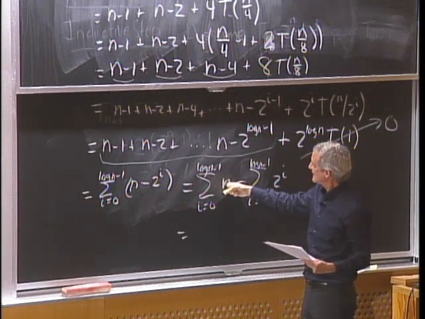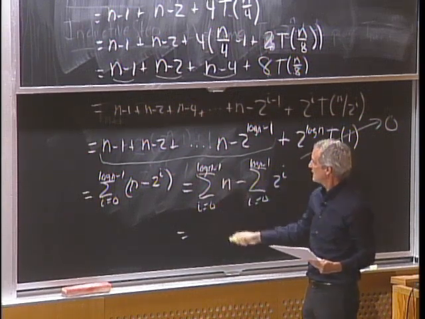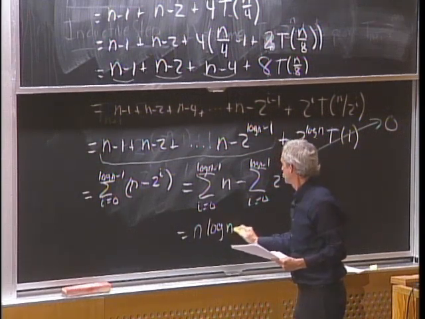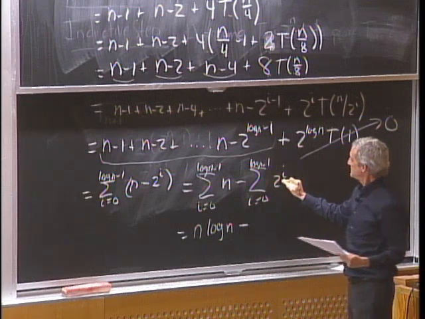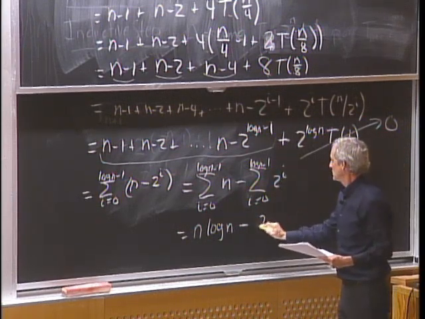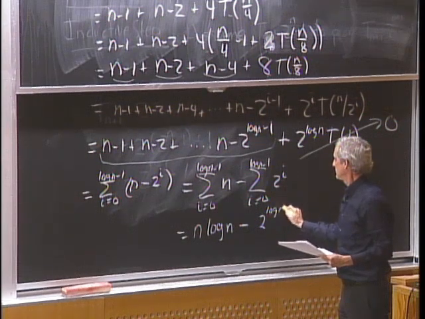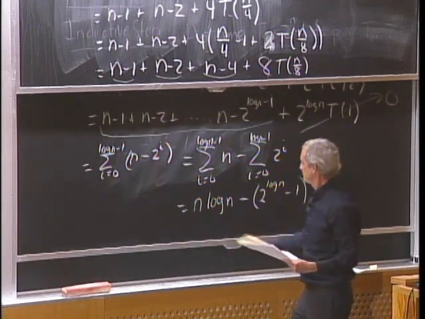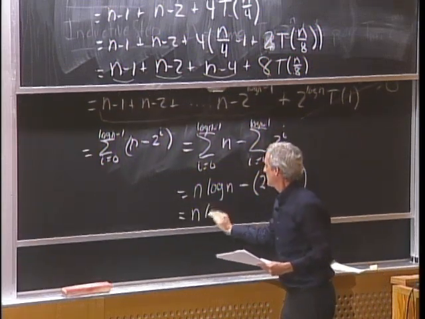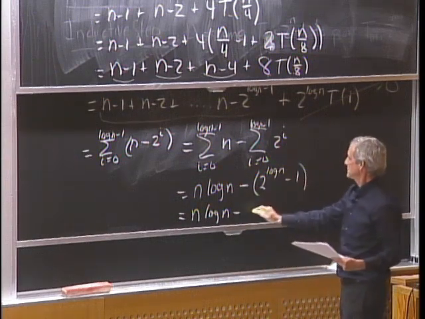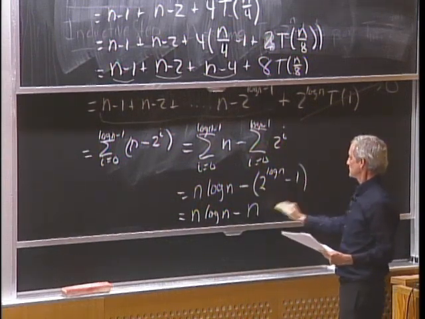I'm just adding n up a total of log n times, so I have n log n. This is just summing the powers of 2, which we know how to do. So that's going to be 2 to the log n minus 1. And so we get our answer: n log n minus 2 to the log n, which is just n, minus minus 1 is plus 1.